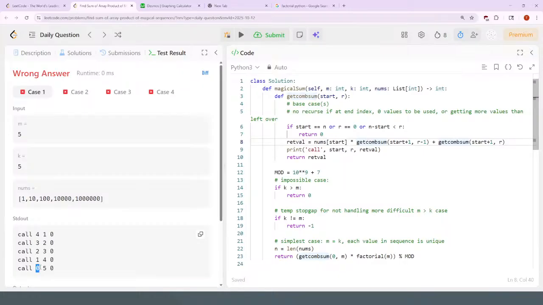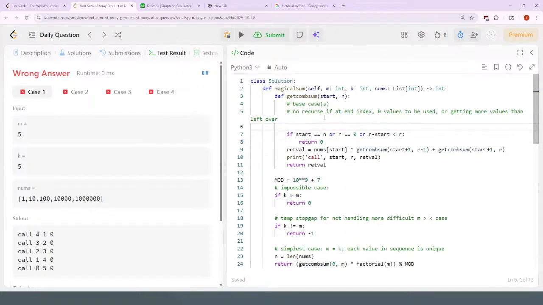Start is 0. So when it got to 4, 1, so start index is 4, 0, 1, 2, 3, 4. Okay. Okay, the base case is wrong.